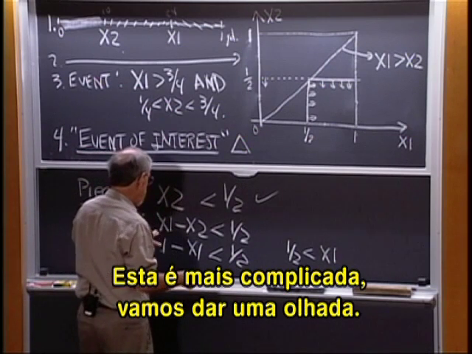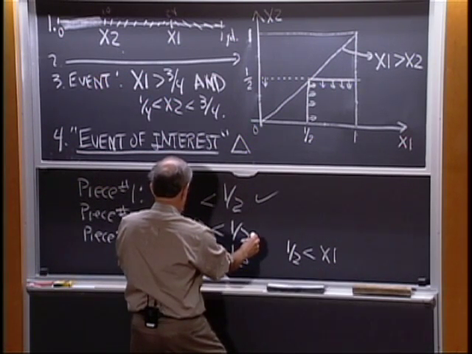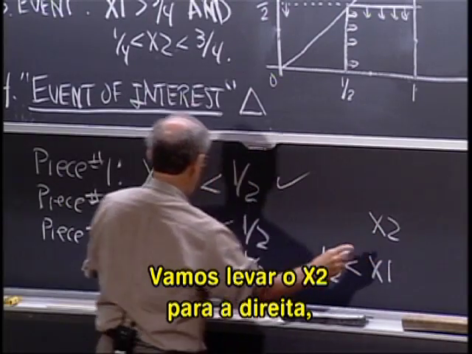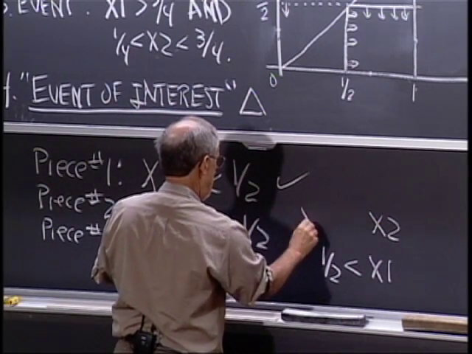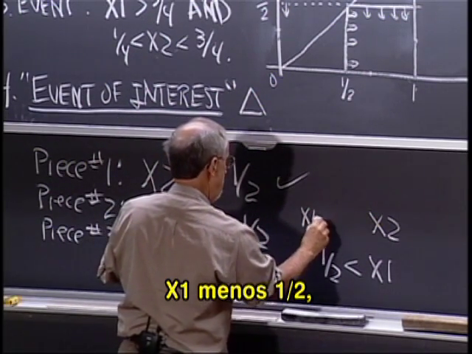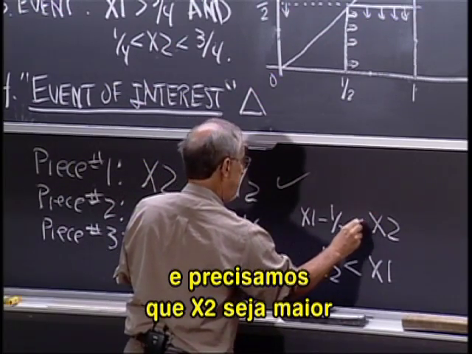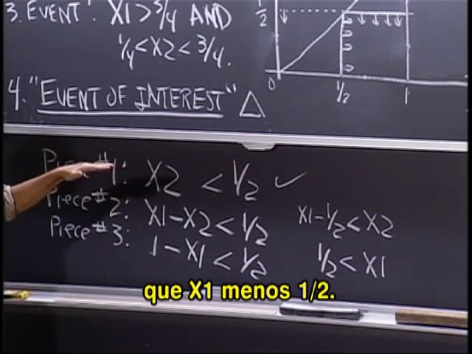Now we have this complicated one right here, so let's look at this. Let's bring the x2 to the right-hand side and bring the half over here: x1 minus a half, and we need x2 greater than x1 minus a half.